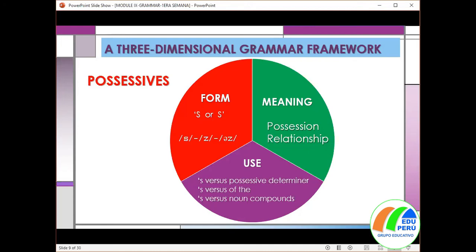So you use the preposition of plus the article the. You're using this also to talk about possession. And finally, the apostrophe s versus the non-compounds. So notice here, the analysis of this grammatical structure. You analyze the form, you analyze the meaning, and you analyze the use of this part of the language.